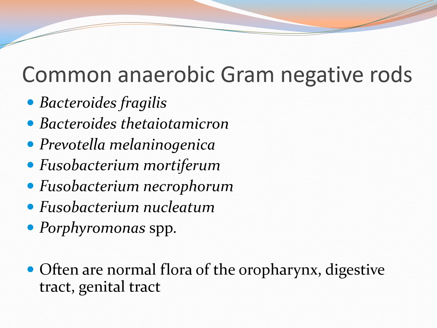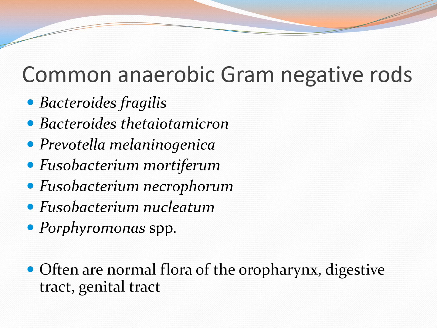Some of the anaerobic gram-negative rods would include things like Bacteroides fragilis. This is very common. Bacteroides thetaiotaomicron, Prevotella melaninogenica, Fusobacterium mortiferum, Fusobacterium necrophorum, Fusobacterium nucleatum, and Porphyromonas species.